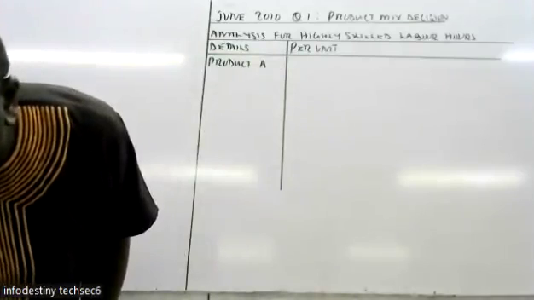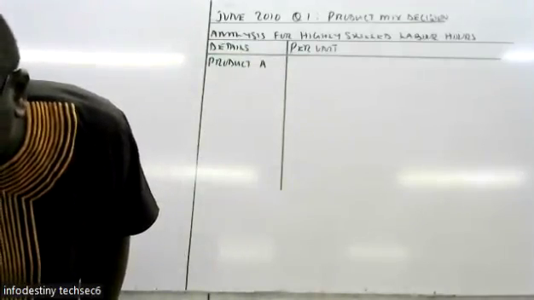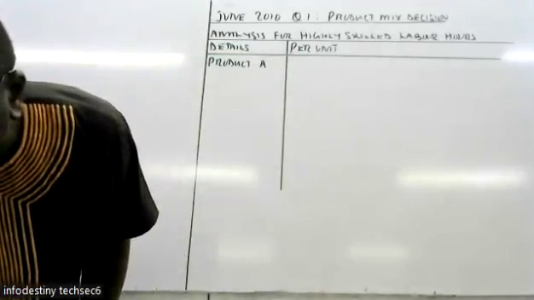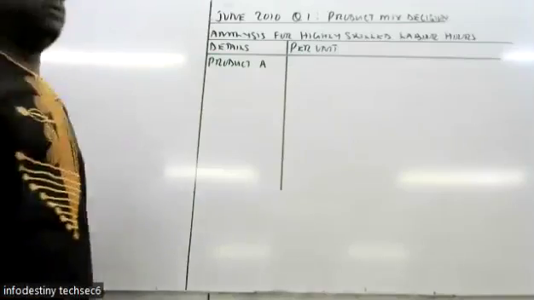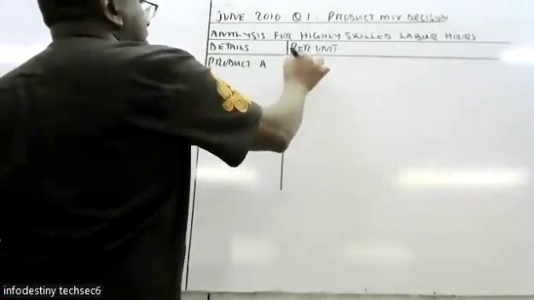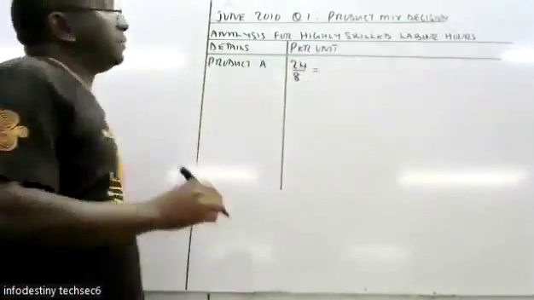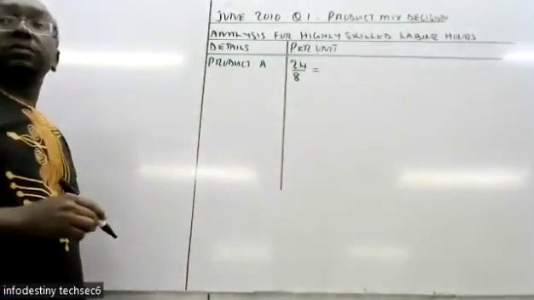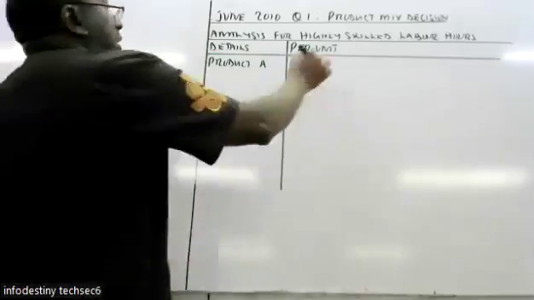Product A, you can see the highly skilled labor is the one that is for installation. And installation is 24. So 24, if you divide by 8, that gives us what? 3. Right?